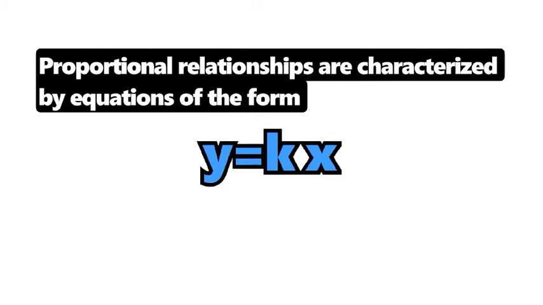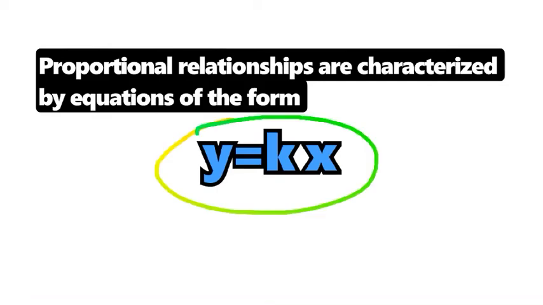Our variables might change, but you are always going to have your constant of proportionality, which is k, multiplied by one of the variables. So whenever we're looking at certain equations, if they do not look similar to this one, then it probably means it's not a proportional relationship.